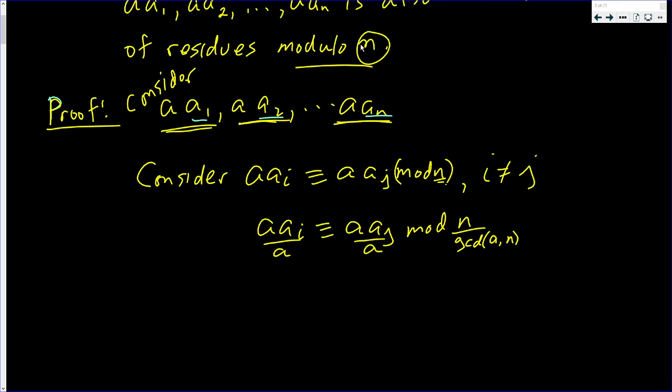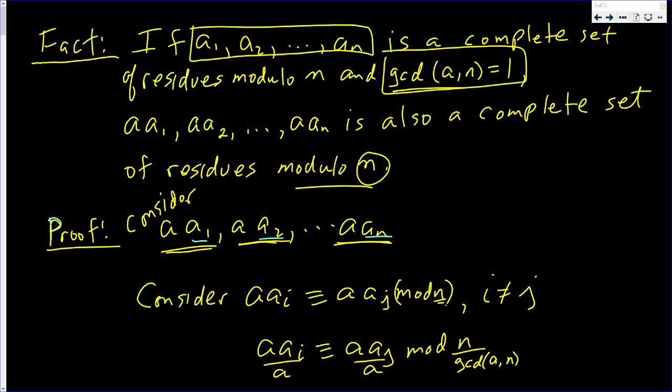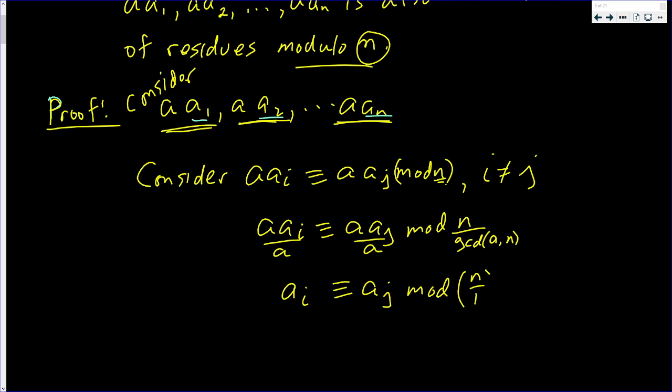That's the theorem. So we have that a times a sub i is congruent to a times a sub j mod n over, look at that, the GCD of a and n is 1. That is, a sub i is congruent to a sub j mod n.